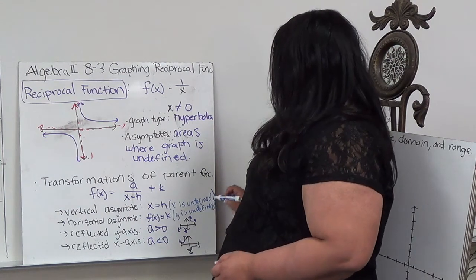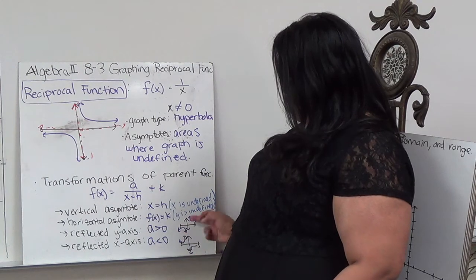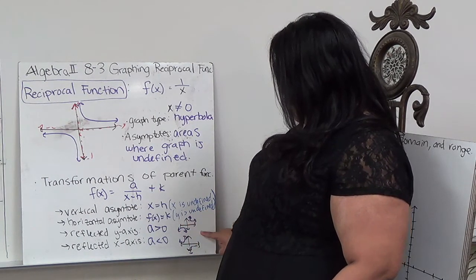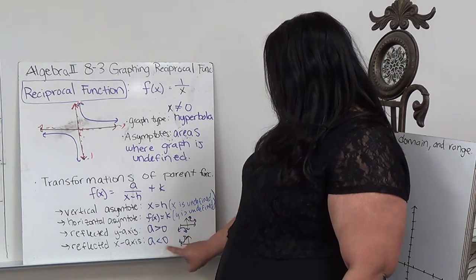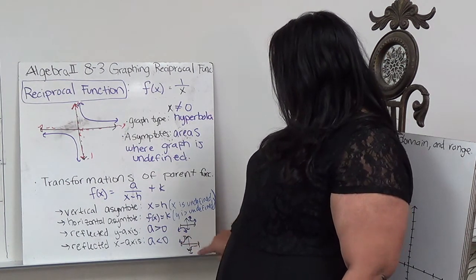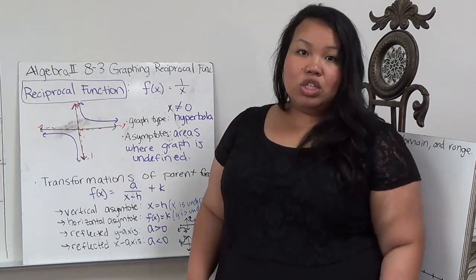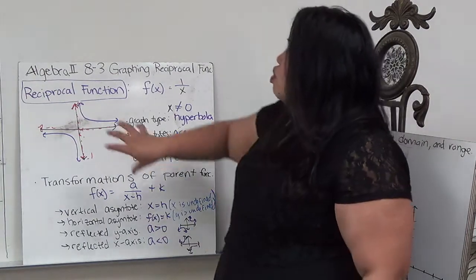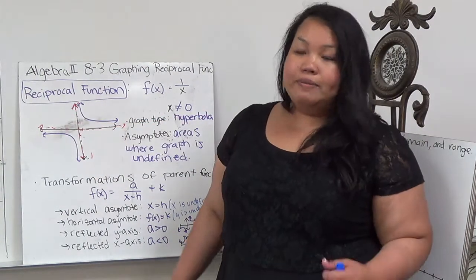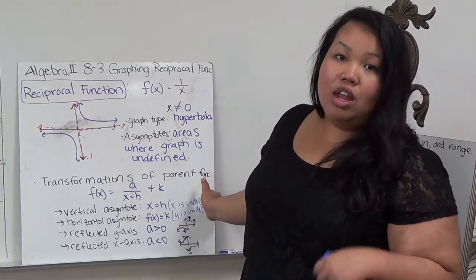If a is bigger than 0, then it's reflected off this line. If a is less than 0, then it's reflected on the other side. So when we're graphing this, you just identify the a, the h, and the k, and then move the reciprocal function accordingly. Go ahead and pause and write this down, and we'll do some examples.